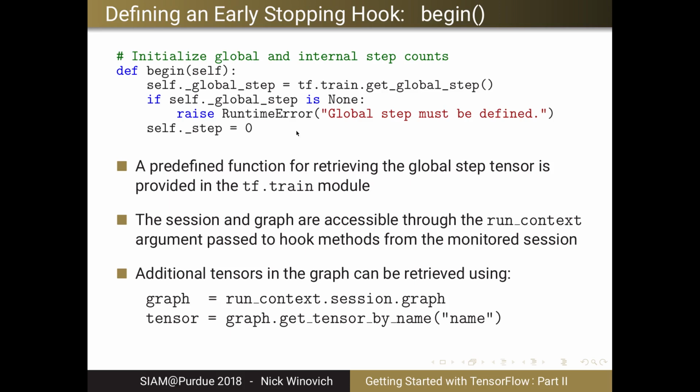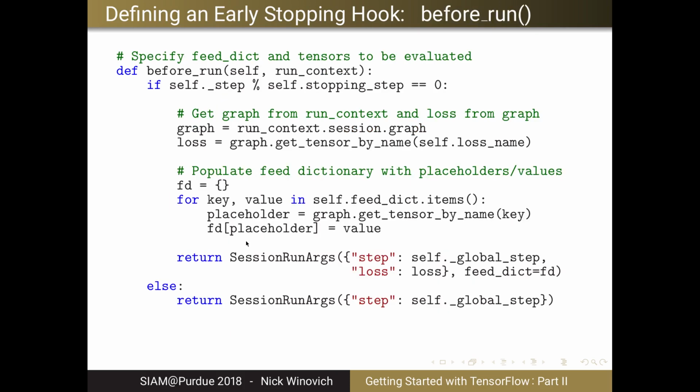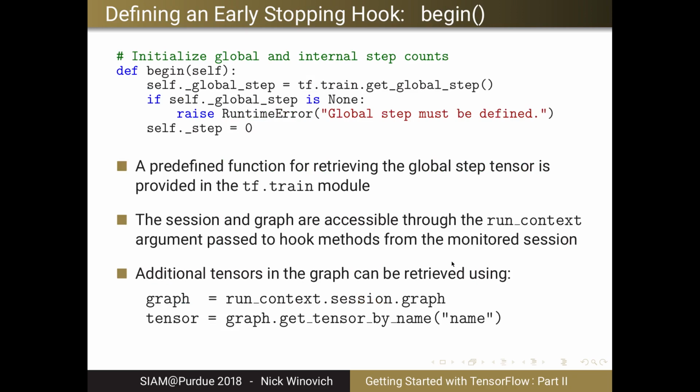And once we have that, I guess on this previous slide, we'll be able to get other tensors as well, in particular the loss. In this case, the global step has a separate function for retrieving it. But in general, you first need to get the graph by using the run context session graph.